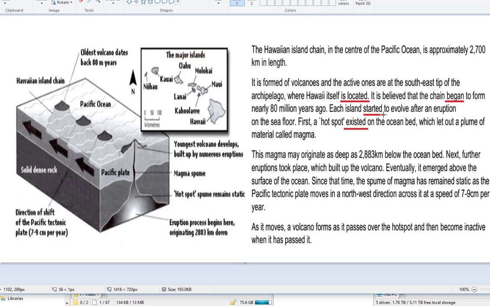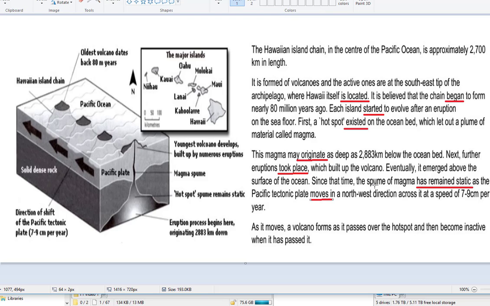Why is this past tense? It should be present tense. That's a big problem. May originate. Here he or she uses the present tense, but then they switch to the past tense, even though it's an ongoing process. Oh, has remained static. Okay, so here we have some present perfect structures. Present tense.